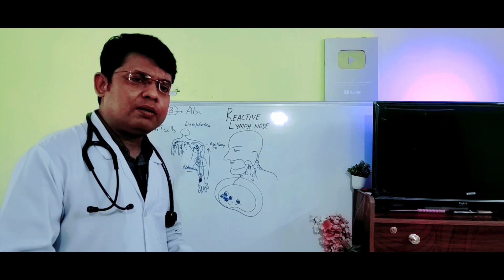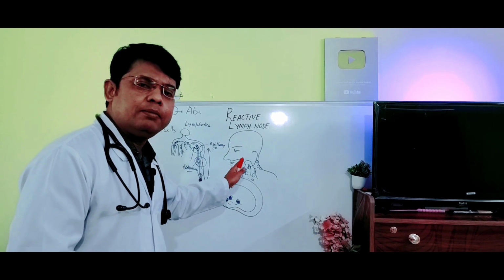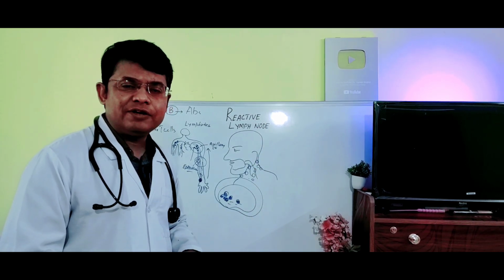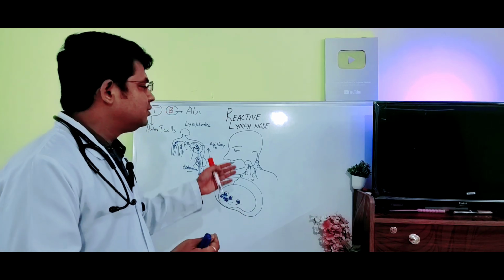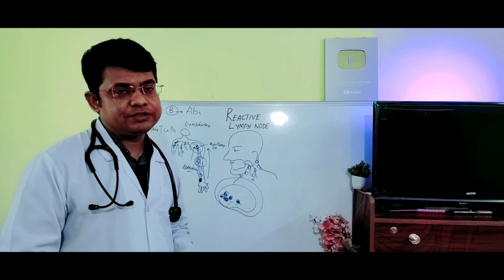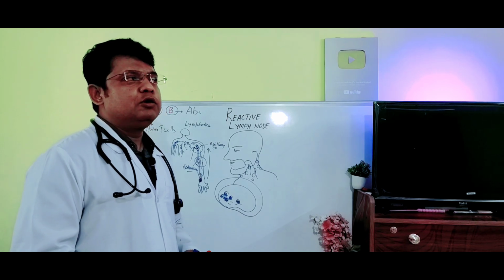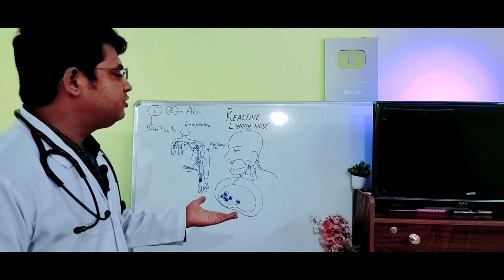Usually we give some antibiotics to control the primary infections. Whenever the infections are controlled, these lymph nodes gradually decrease in size, and usually there is no need to proceed further.